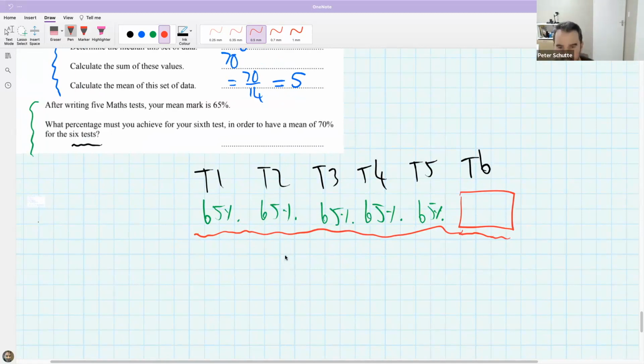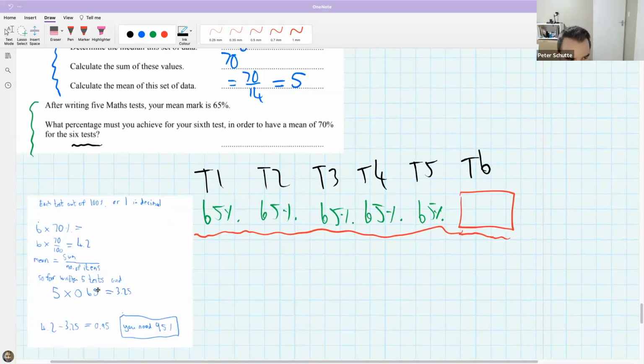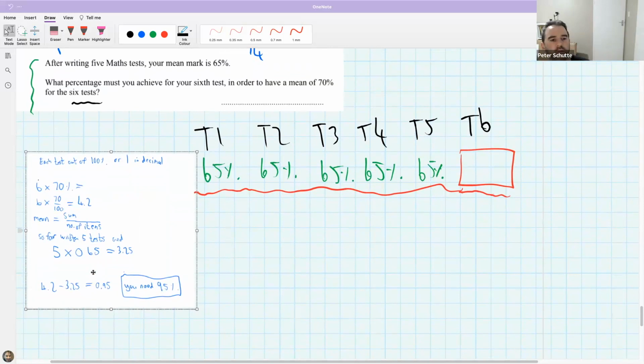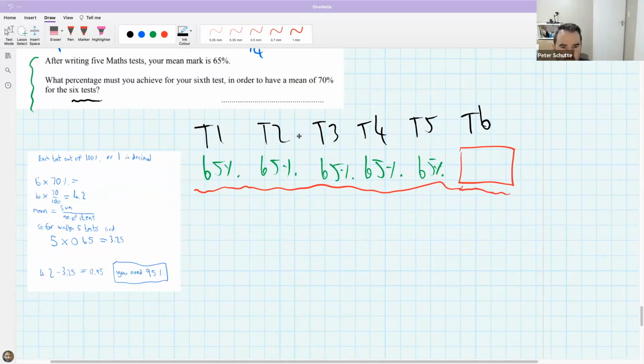So how about this? Let me show you this approach here. Have a quick look and then I'll explain something to you over here. And maybe that's not the easiest way to do it.